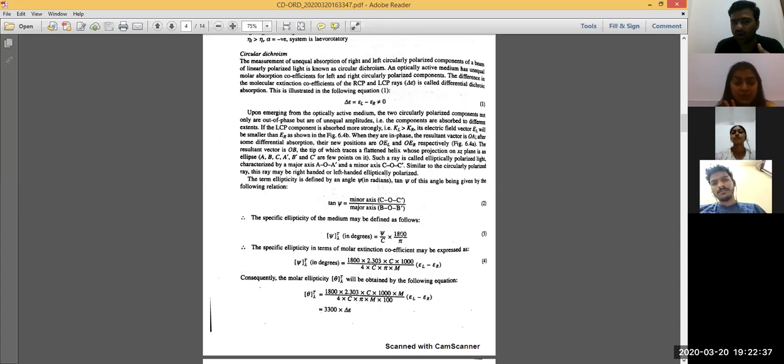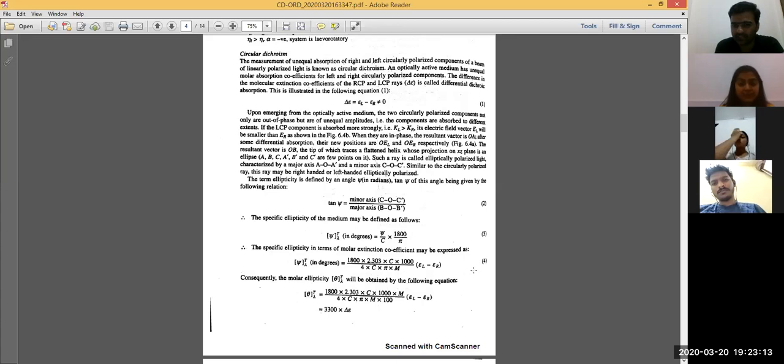This 180 is because you're converting it into degrees from the radian. Pi has come because you want it in radians first, and then you're converting it into degrees. And the factor of 10 has come because the path length in any polarimeter experiment happens to be 10 centimeter or 1 decimeter. Is that okay? Then they further went on to involve molecular weight of the substance so as to convert the ellipticity into specific ellipticity, and from specific ellipticity into molar ellipticity.